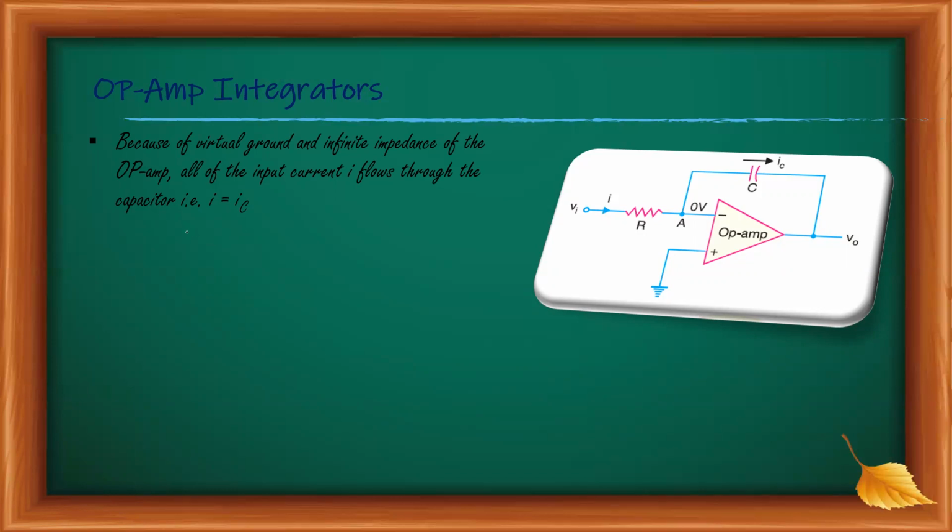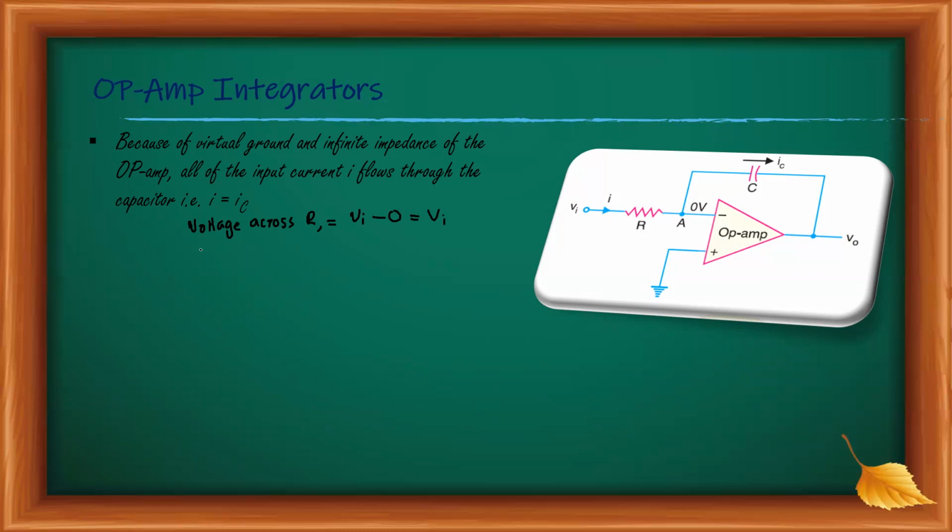For that, we know that the voltage across the resistor R is equal to, here the potential is Vi and here the potential is 0. Then Vi minus 0 is equal to Vi.